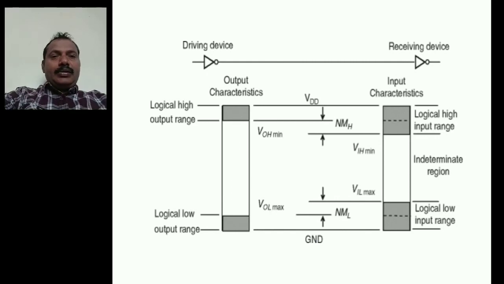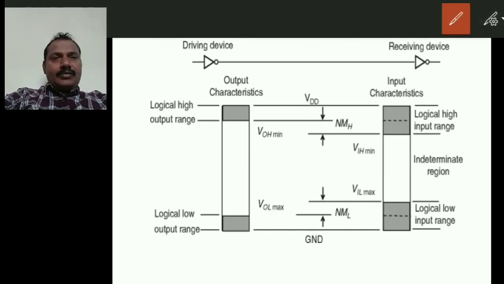Now this is the driving device, this is the receiving device, and let us see how the output characteristics of the driving device must be compatible with the input characteristics of the receiving device.